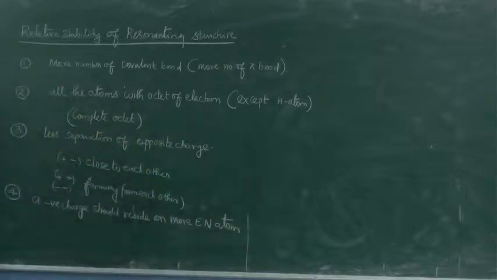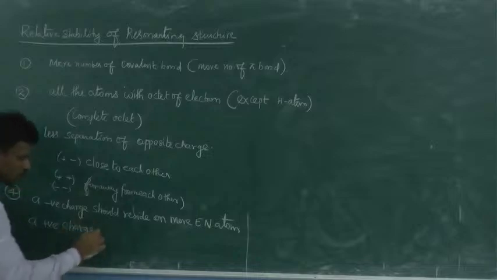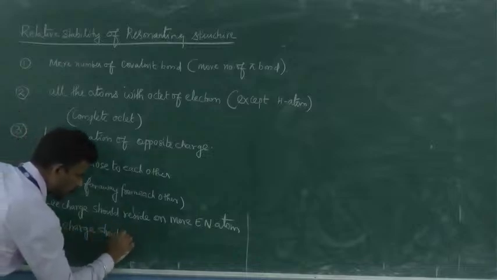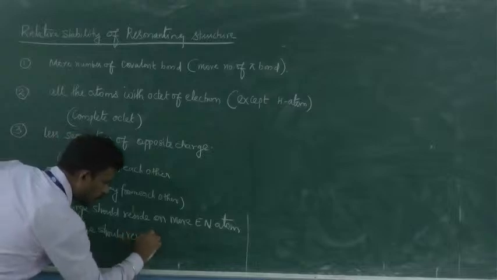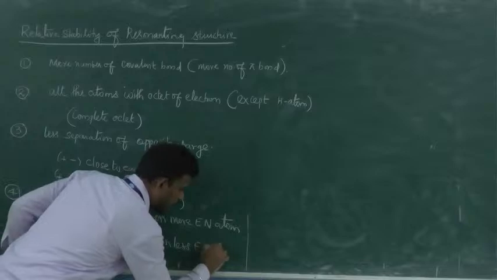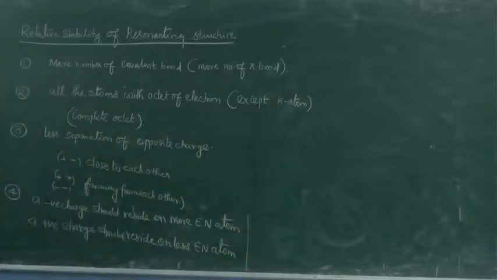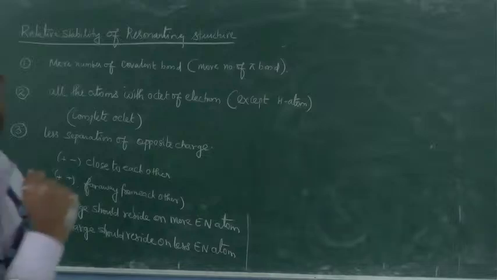A positive charge should reside on the less electronegative atom. So these are the 4 criteria to predict the relative stability of resonating structures.